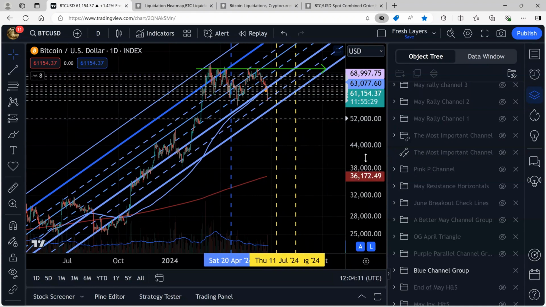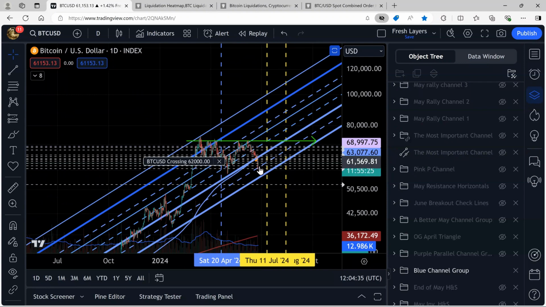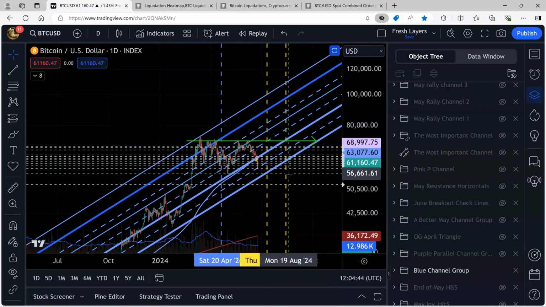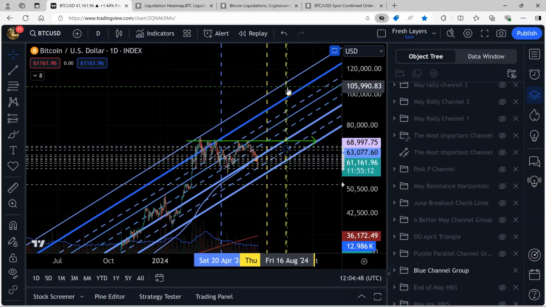If we did what we did in the past, then we probably just continue to chop along here until the end of August, the beginning of September, with this other CPI data release.